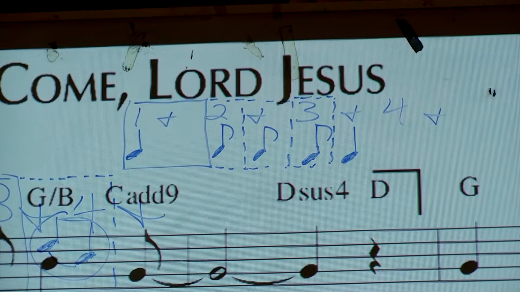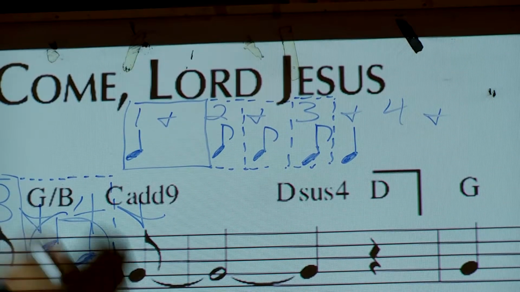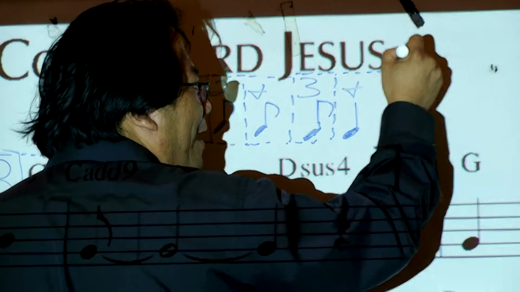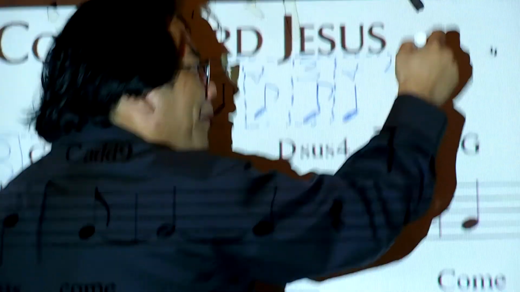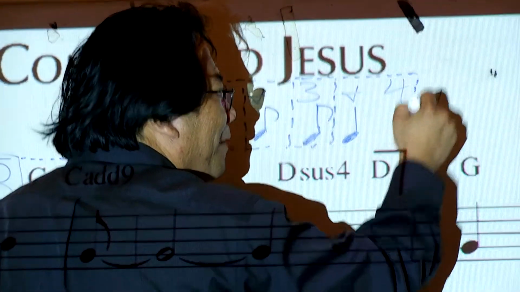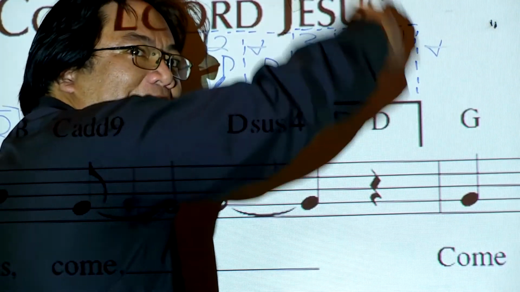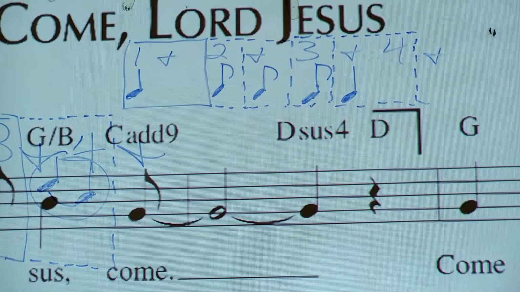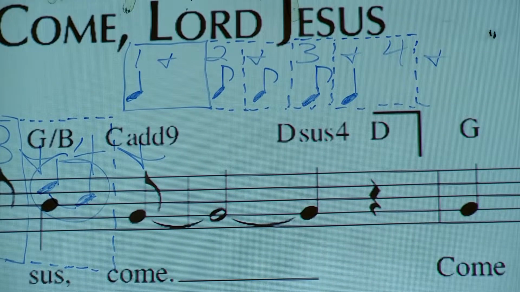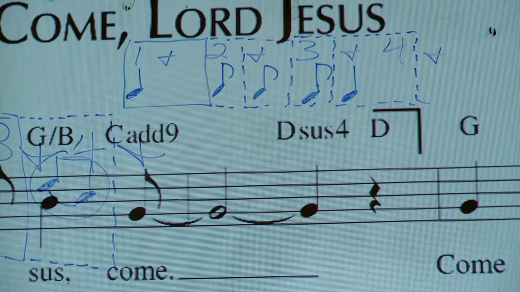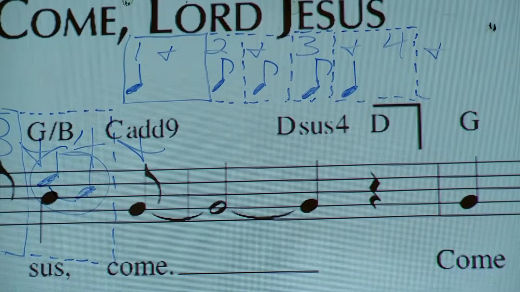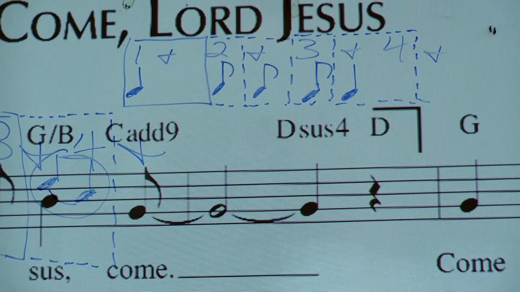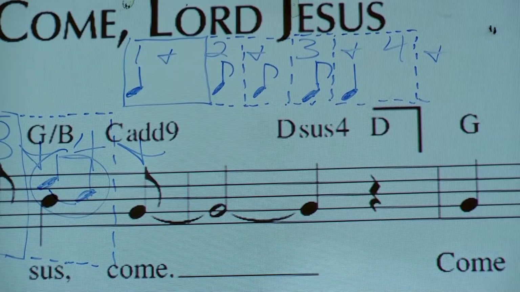So that's not correct if I draw a box right before 4. That means I need to start from the and and then include 4, but only half, the first half of 4. Only the first half of 4. So the second half of 3 and the first half of 4 equals 1 beat. Got it?